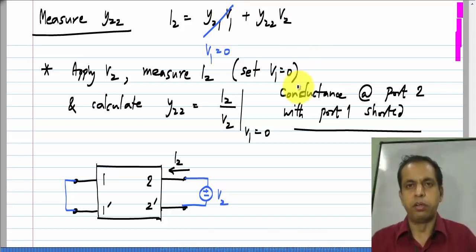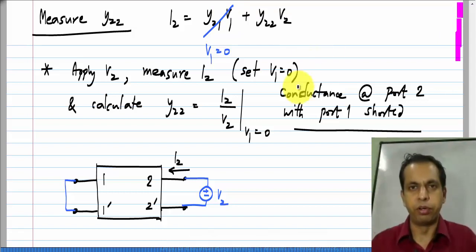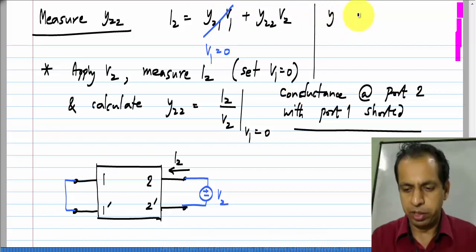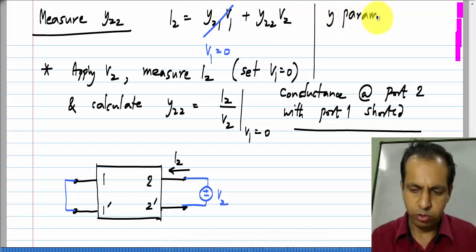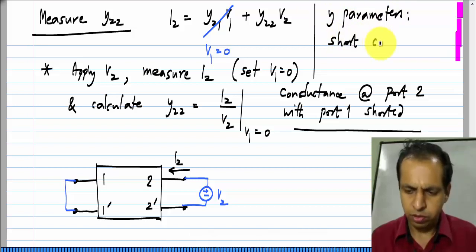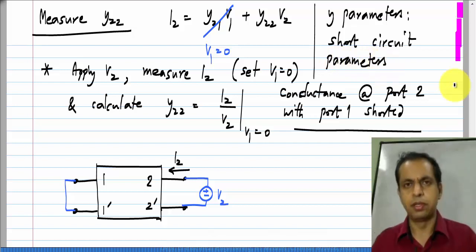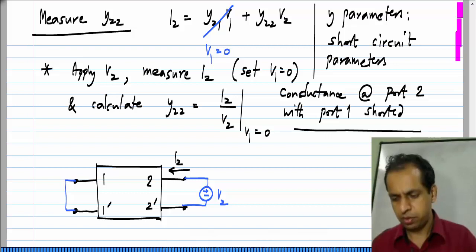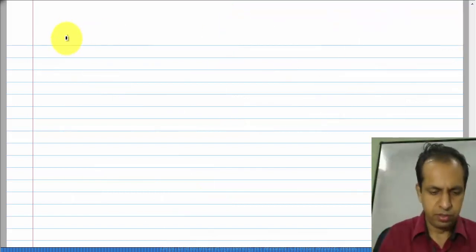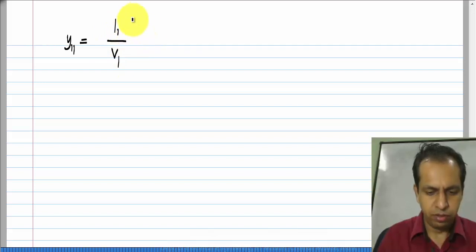Now, because the measurement of Y parameters involves shorting of the ports, Y parameters are also known as short circuit parameters. So, to summarize, Y11 is I1 by V1.